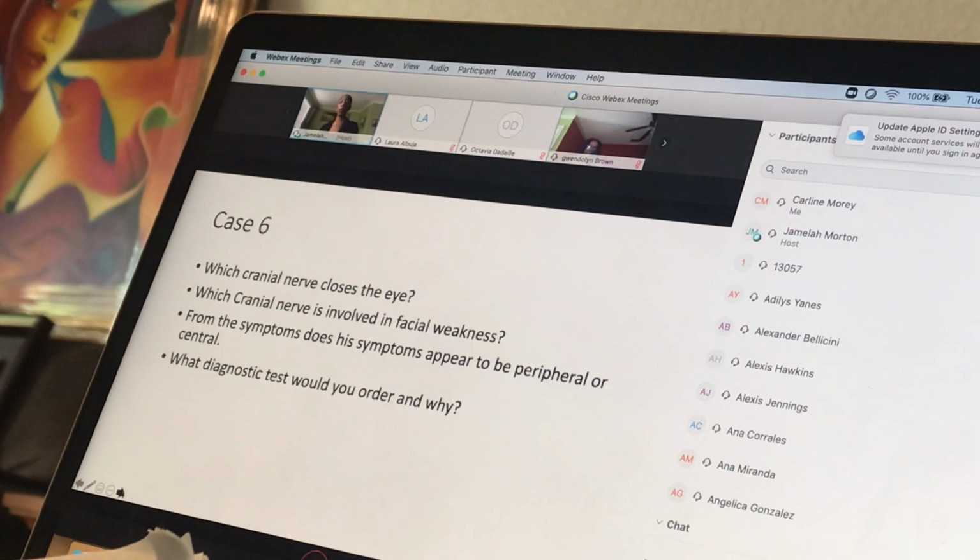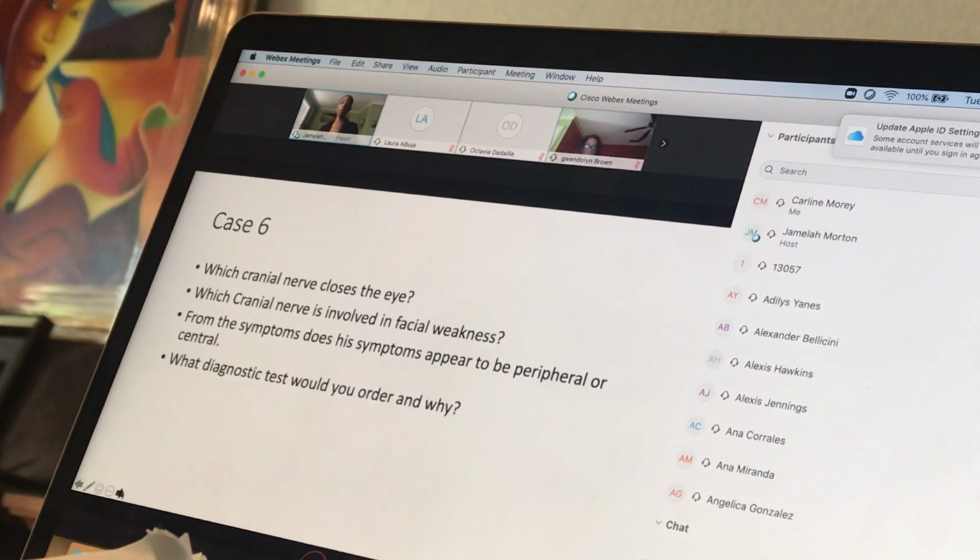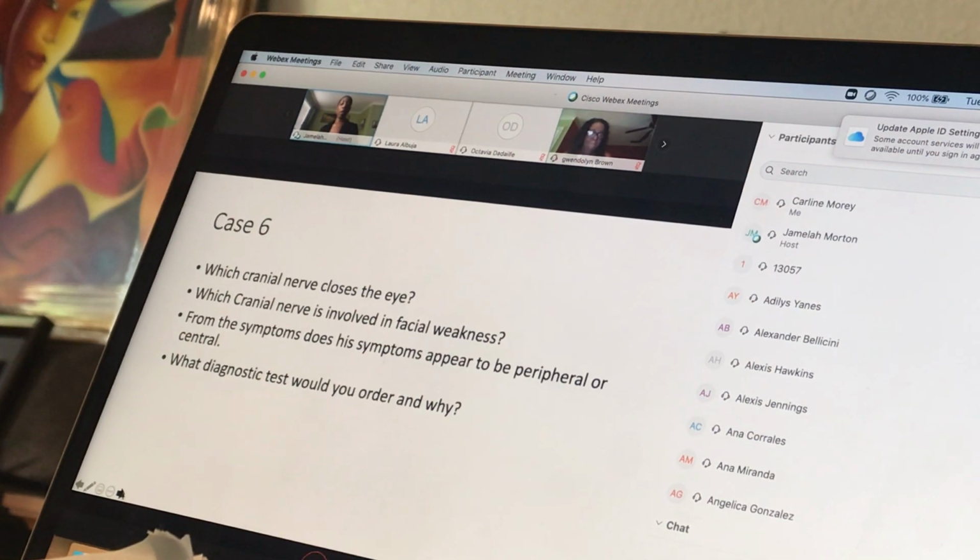Now, if you think it's peripheral, you're still going to scan the brain. Because remember I said, it could be a brainstem issue, okay? The 7th cranial nerve comes off of the brainstem, so it could be a brainstem stroke. It's very rare that they will give you a complete cranial nerve 7 palsy, but it could be.